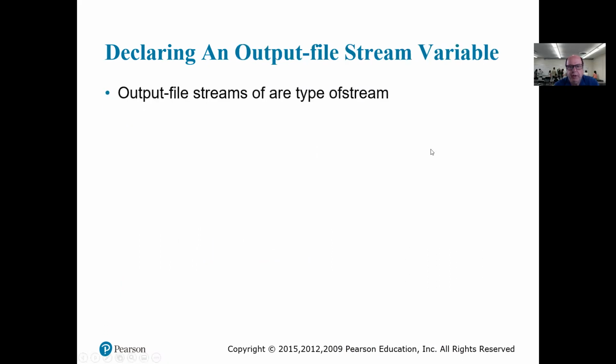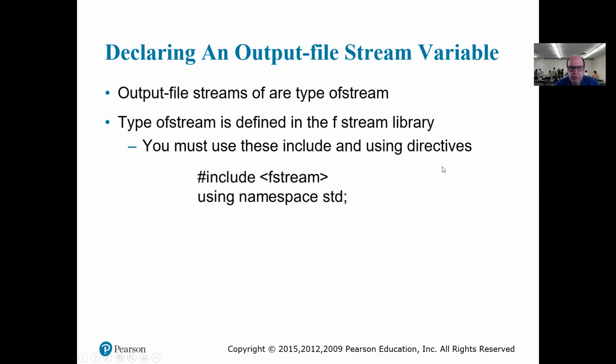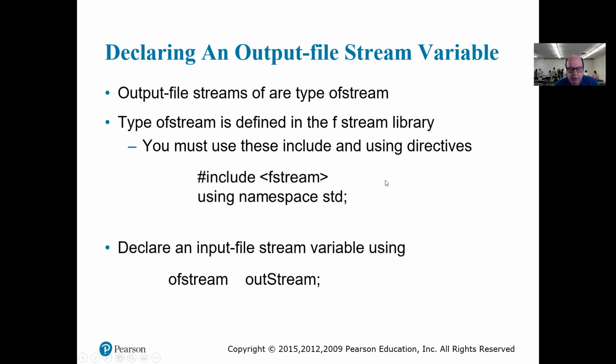So for the output file, it's almost identical to this one. We are going to be using the same pound include for the file, and then we're going to declare our... well, this should say output file, not input file. So let me fix that. That's supposed to be output file. Not a very good way of doing it.